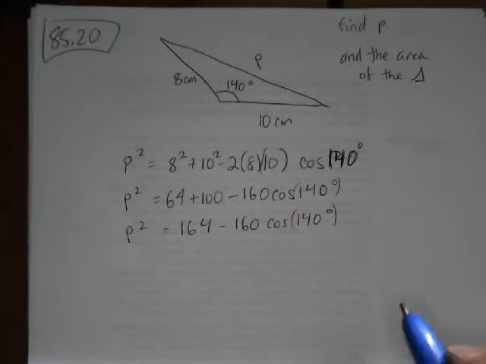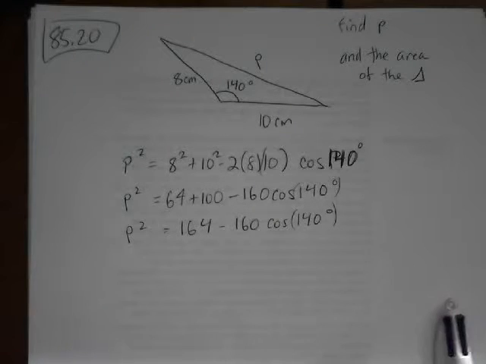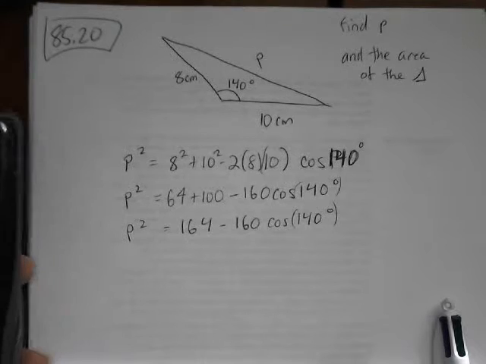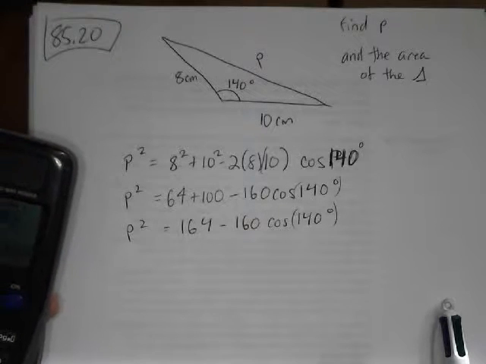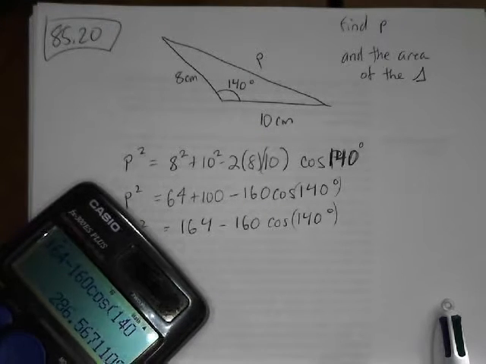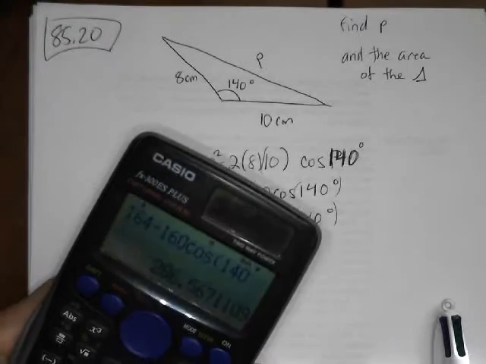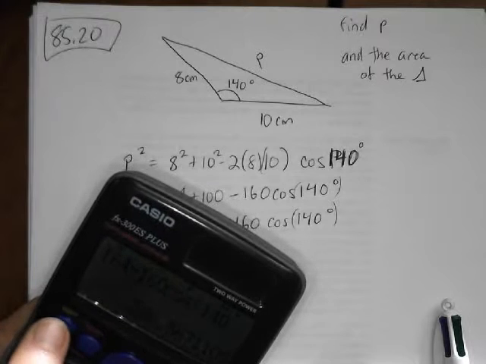That's P squared. And I think I'll go ahead and put this in my calculator. And I got that number, but I know it's not that number. I've got to take the square root.